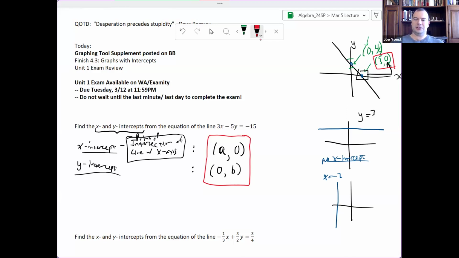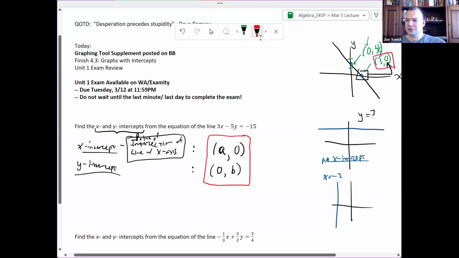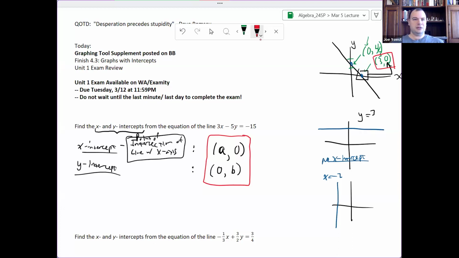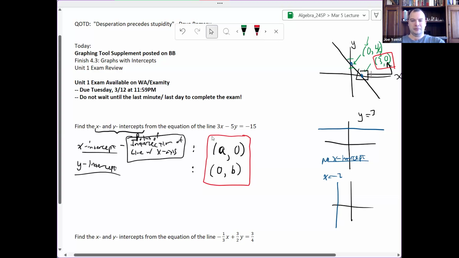No, we say the y-intercept is the ordered pair 0, 4. So the intercepts are ordered pairs. Again, this is a bit of a semantics issue, a bit of just how we choose to define these things, but we do represent them as ordered pairs.